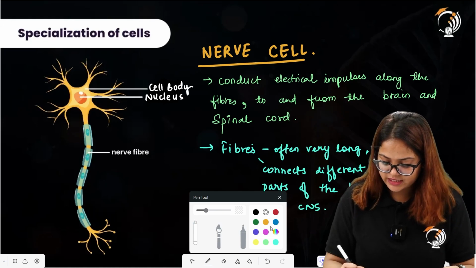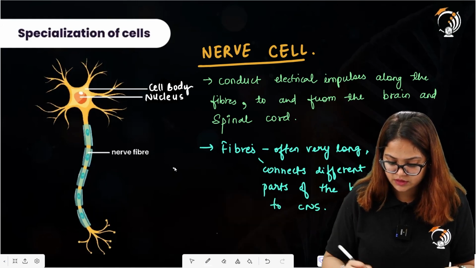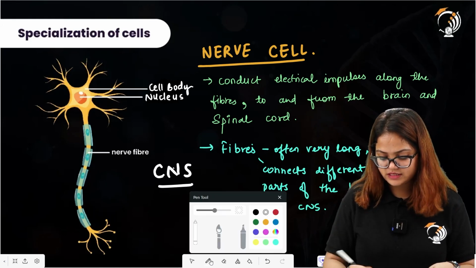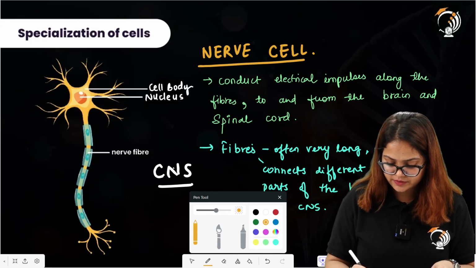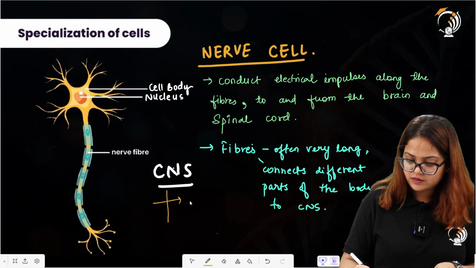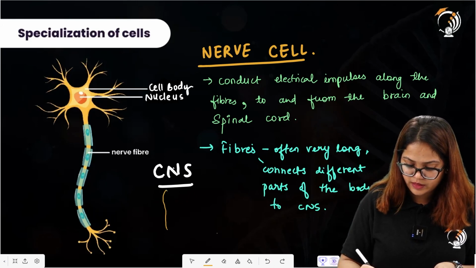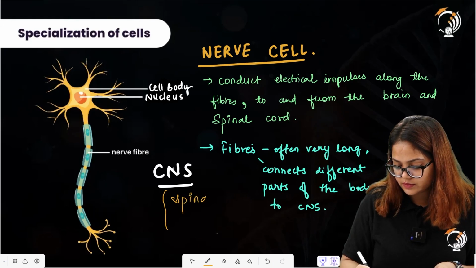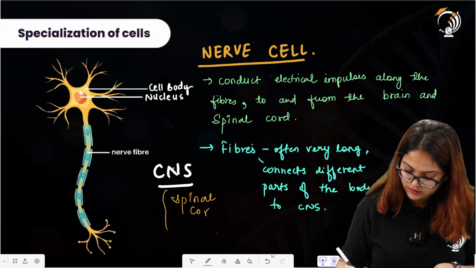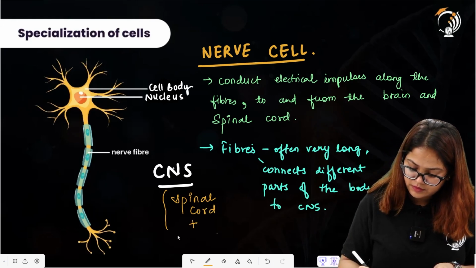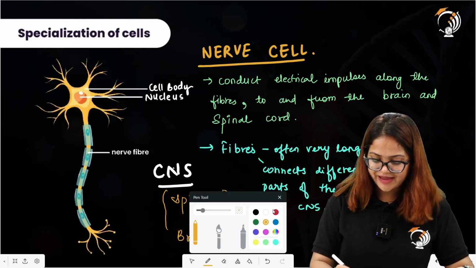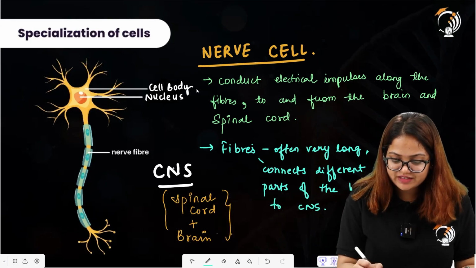And what does CNS include here? CNS has spinal cord plus brain.